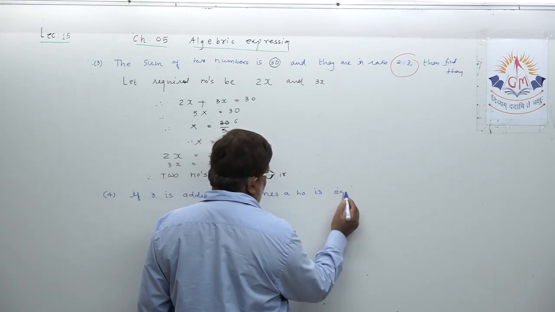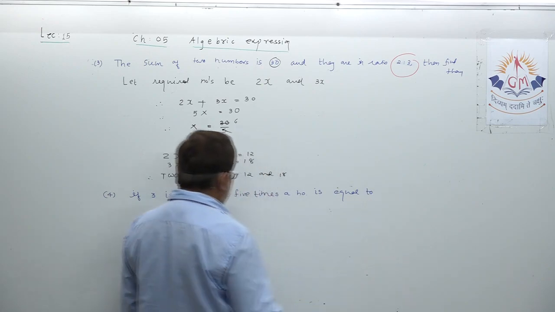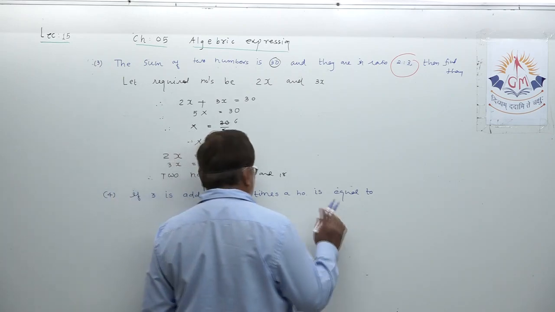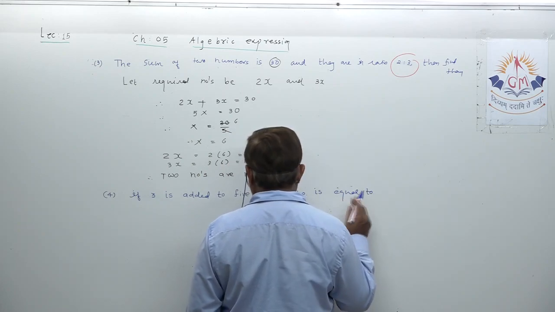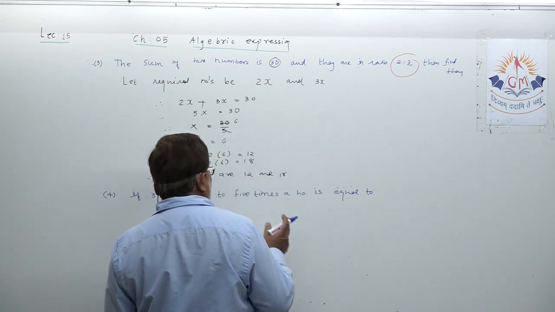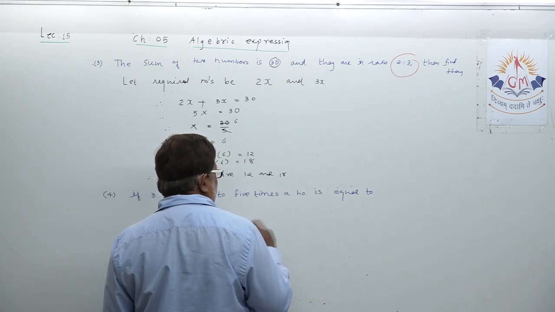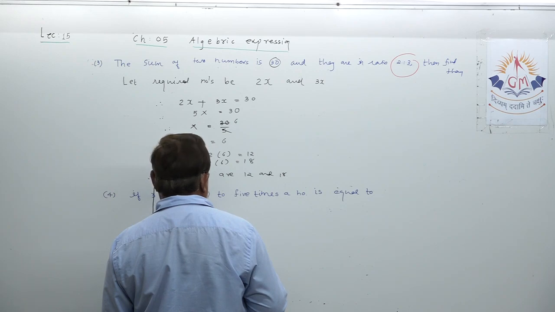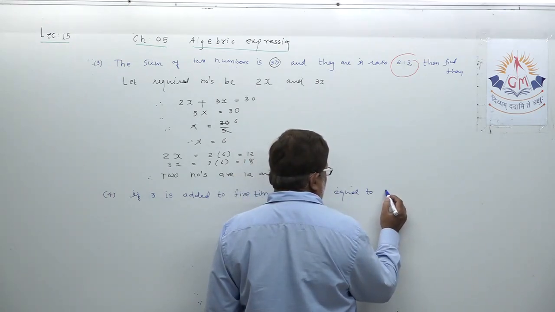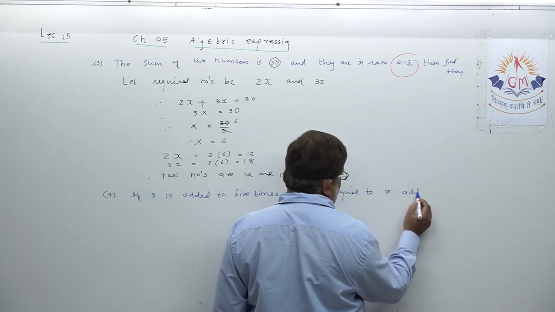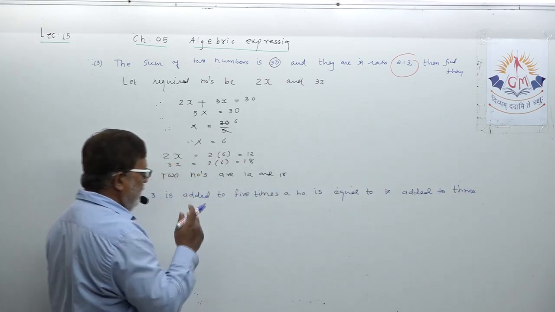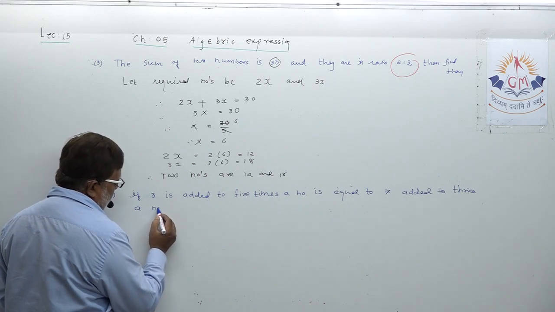is equal to, if 3 is added to 5 times a number is equal to, let me modify it, 5 times a number is equal to 7 added to thrice a number. 7 added to thrice a number.